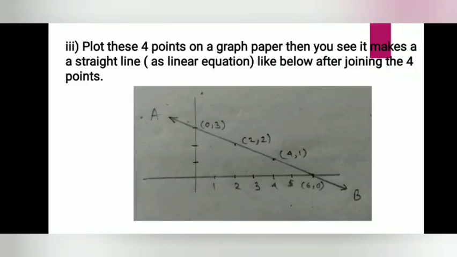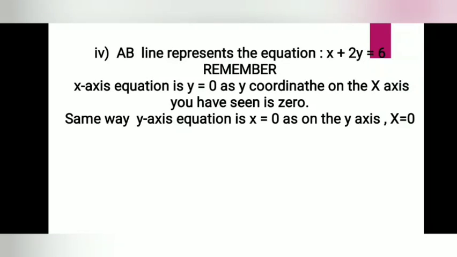Plot these 4 points on a graph paper, then you see it makes a straight line as a linear equation, like below, after joining the 4 points. And this line AB represents the equation x plus 2y equal to 6.